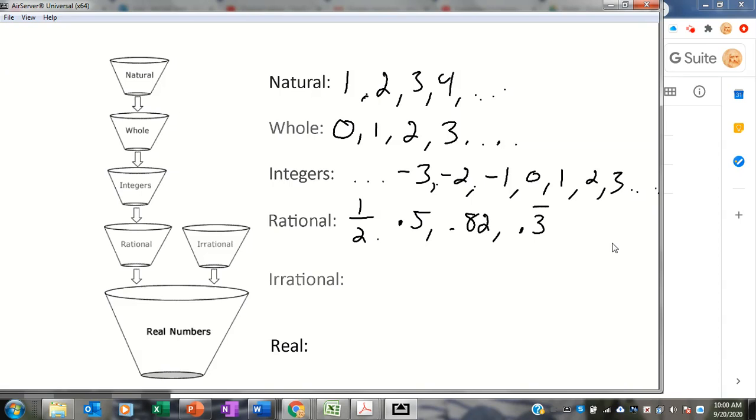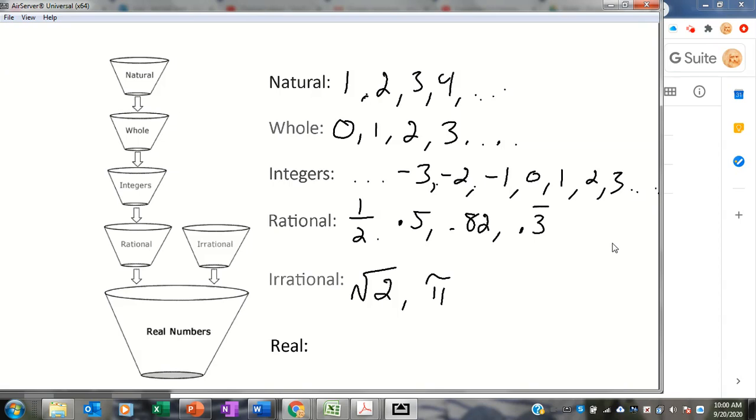Irrational numbers are numbers where the decimal can go on forever, or it could be a square root that is not a perfect square. For instance, the square root of 2 is a decimal, 1 point something, something, something that goes on forever. Another irrational, probably the most famous one, is pi. 3.14159, and then that keeps going on forever.